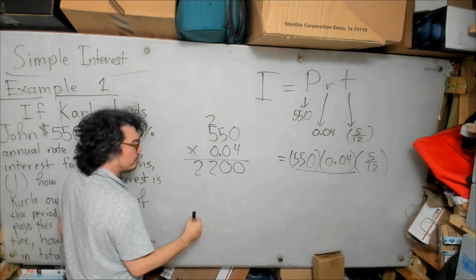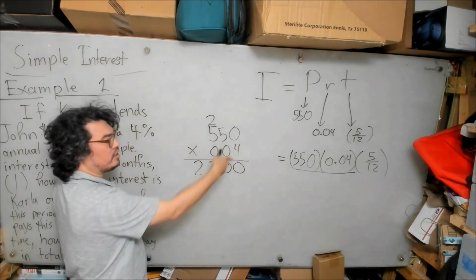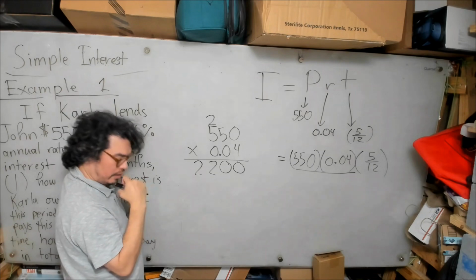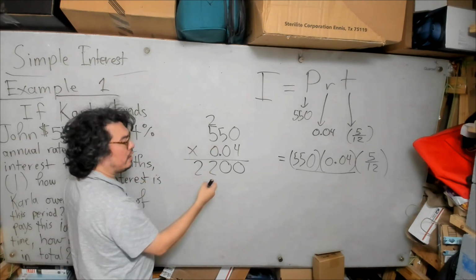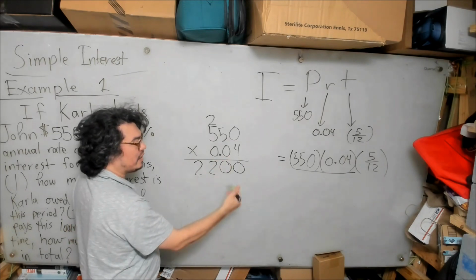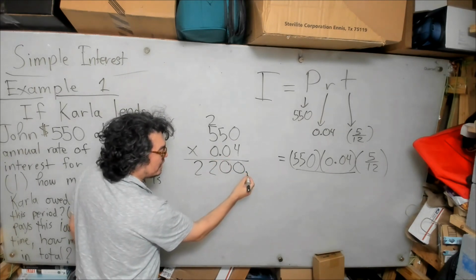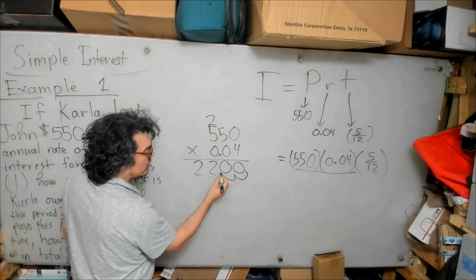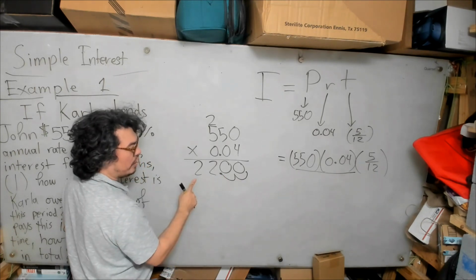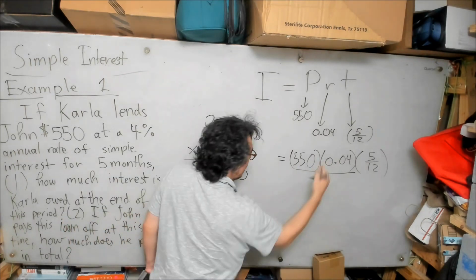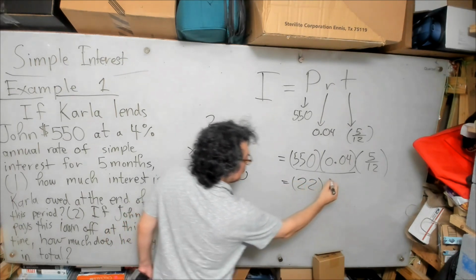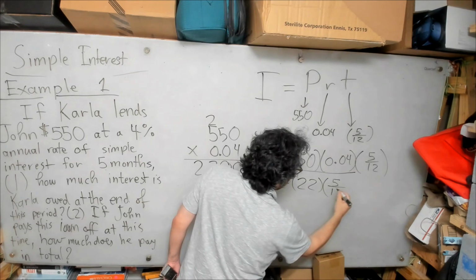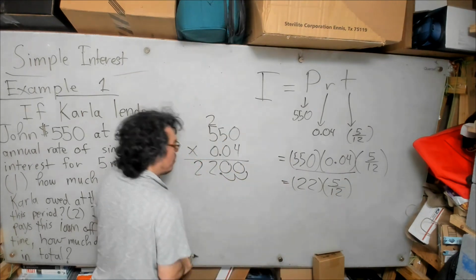And then I know that in these two multiplicands, the numbers we're multiplying, there are 2 decimal places. So I take the decimal place here and I move it twice to give me the final answer here, which is 22. Okay, so I can rewrite this as 22 times 5/12. Okay, so now we have to calculate that.